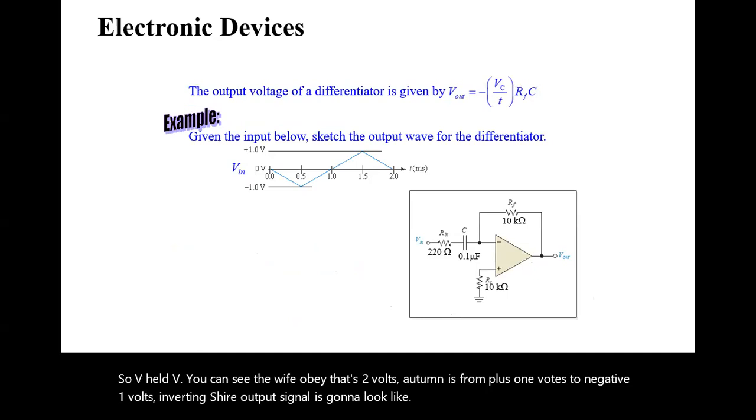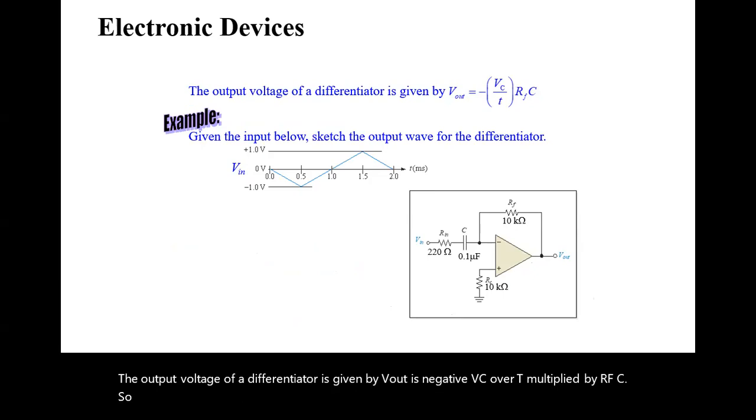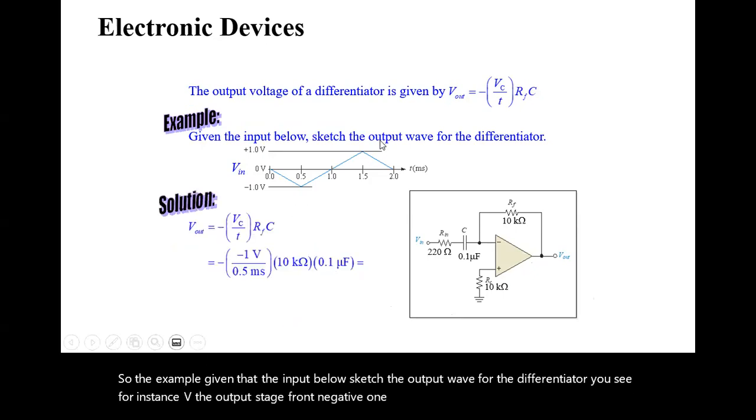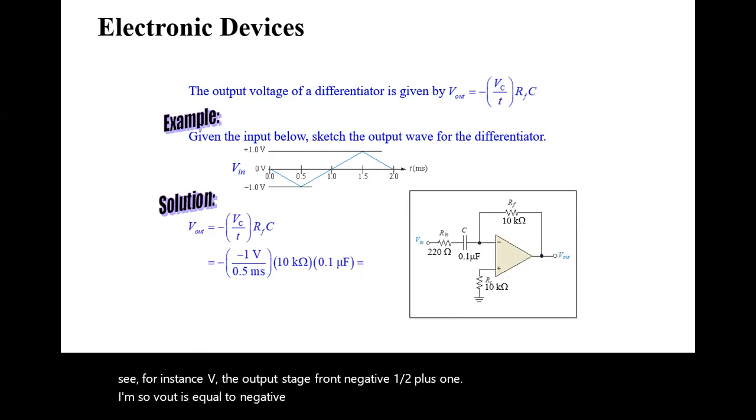The output voltage of a differentiator is given by V out is negative Vc over T multiplied by RFC. For example, given the input below, sketch the output wave for the differentiator. You see, for instance, where the input changes from negative 1 to plus 1. So V out is equal to negative Vc over T multiplied by RFC.